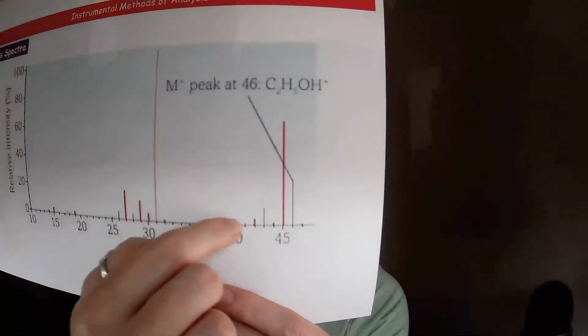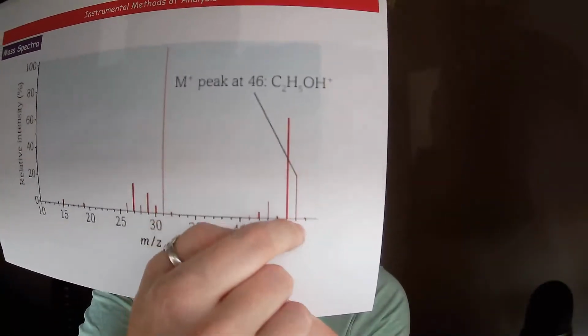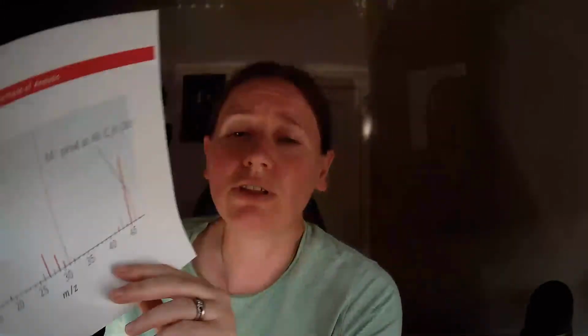So on this example that we've got here, we can see that reading the x-axis, that is at 46. Therefore, the relative formula mass of our molecule is 46. So from that, we know the relative atomic masses of different elements. You can start to work out potential combinations of what this could be, particularly when you pair it up with those smaller fragment peaks as well.